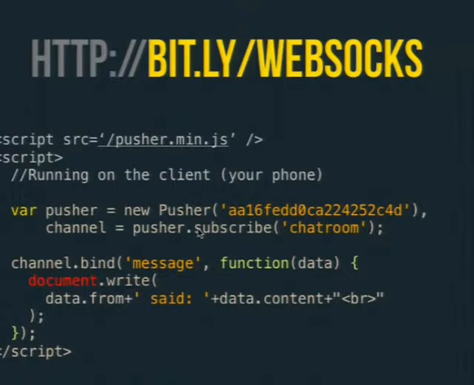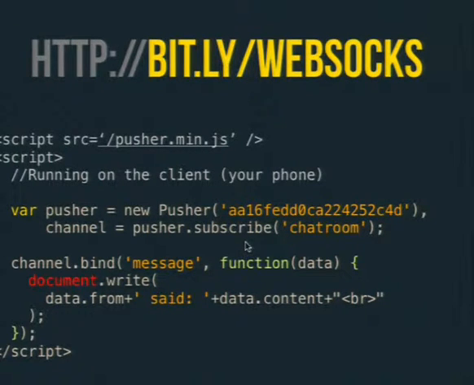You'll have a blank screen at the moment, and this is the entirety of the code that's currently running on your screen. First of all, we're downloading Pusher's client library. Pretty simple. And then this is the entirety of the JavaScript that's running. First, we set up a connection to Pusher using my API key. And then we subscribe to a channel in Pusher.